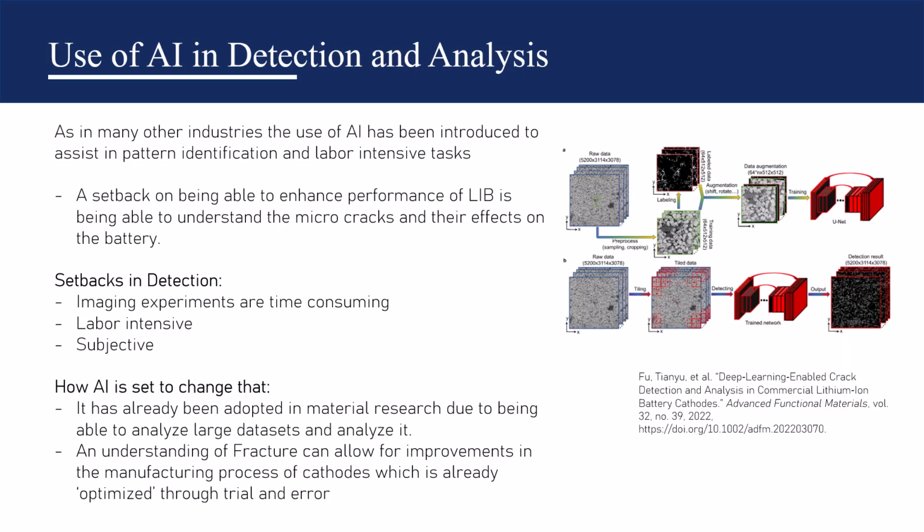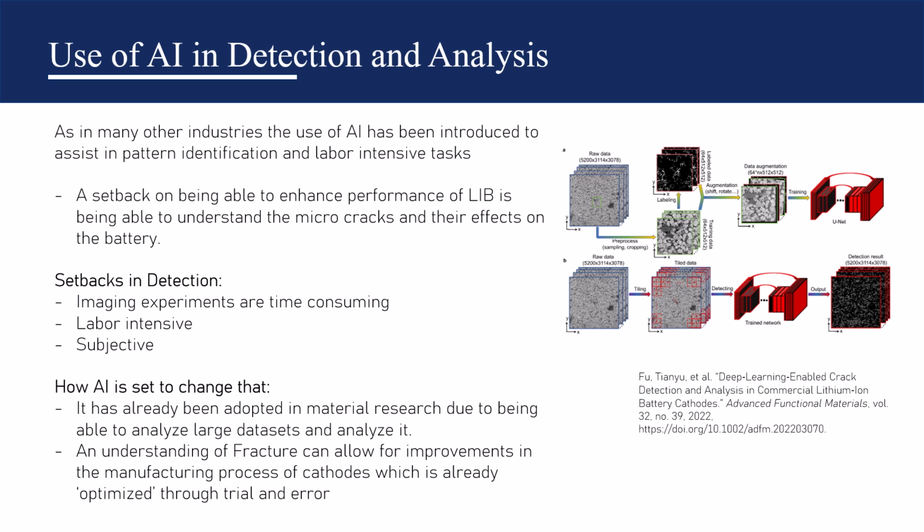It's hard to go by without hearing about AI and its uses in many different industries, especially now in engineering, where it's being used for pattern identification and being able to get rid of what were previously labor-intensive tasks. There's a setback with being able to enhance our performance of lithium-ion batteries, and being able to understand the microcracks and their effects on a battery could be very beneficial to improving on what are already optimized methods.